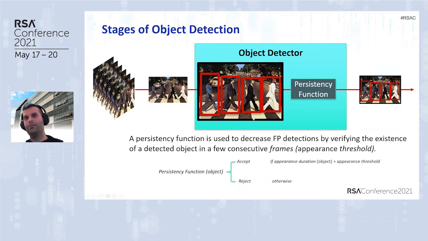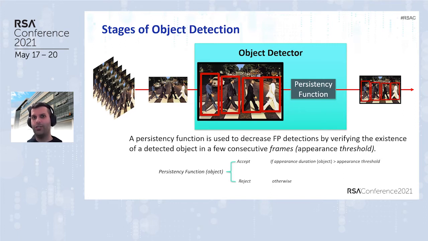There is another component which is called the persistency function. This component is not exactly known to most people. A persistency function is a component which is used to decrease false positive detections by verifying the existence of a detected object in a few consecutive frames. It works as follows.